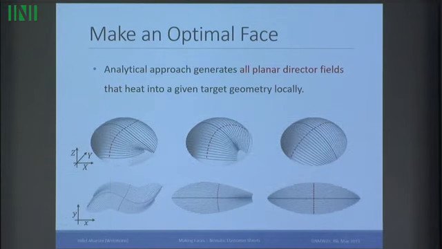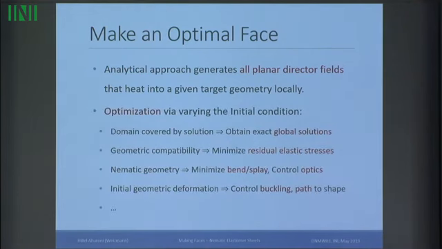And on each of them, I can have certain twist fields on top of them. So by browsing through different solutions of my inverse problem, different director fields that fold into the same geometry, I can find the optimal director fields in some sense. First of all, I can find fields that will cover the entire geometry and not just a local patch.